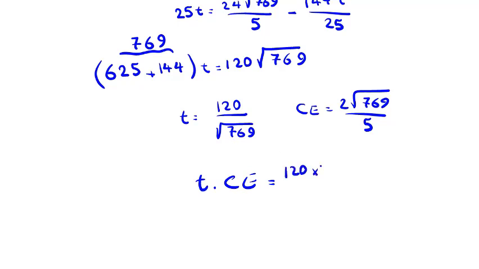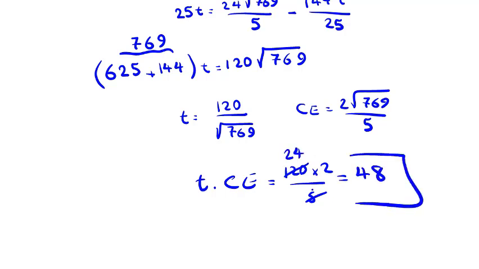It will be 120 times 2 over 5. If we divide, it will be 24. 2 times 24 is equal to 48. So the answer of this problem equals 48. There are other ideas for finding areas. If you had any question, if you want to know them, feel free to send message to my WhatsApp number in the description and comments.